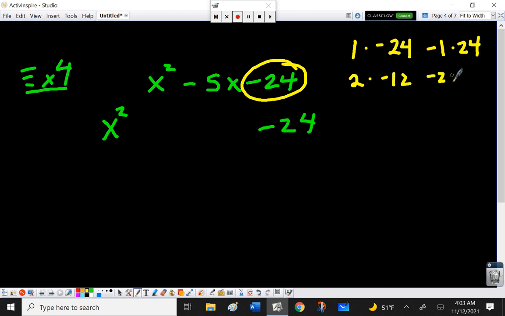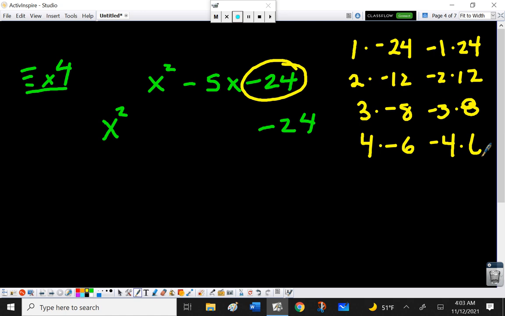Or negative 2 times positive 12? Or 3 times negative 8? Or negative 3 times positive 8? I think there's more. 4 times negative 6? Or negative 4 times positive 6?